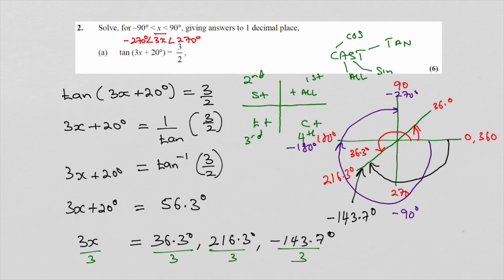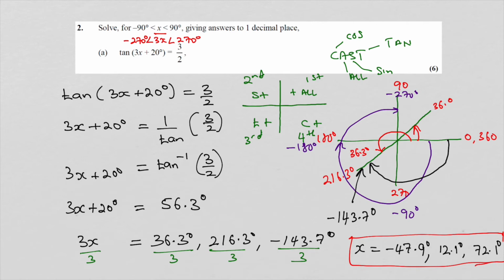So now we get x will be equal to minus 47.9 degrees, and then we get 12.1 degrees and 72.1 degrees. And that is the answer for the value of x.